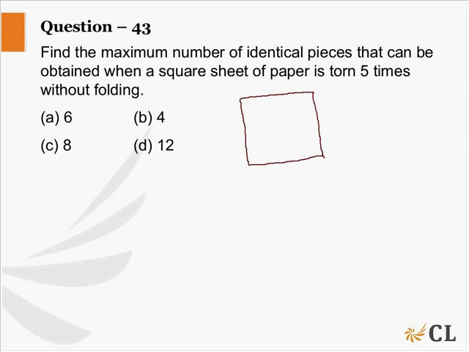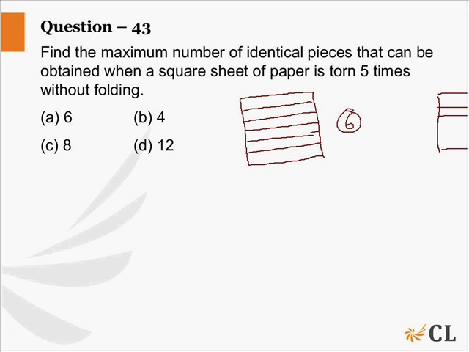Now, one person can straight away do this thing, 5 straight lines. This gives you 6 pieces only, right? But if I do it like this, there are 4 straight lines, and if I cut it here, now this gives you 10 identical pieces.